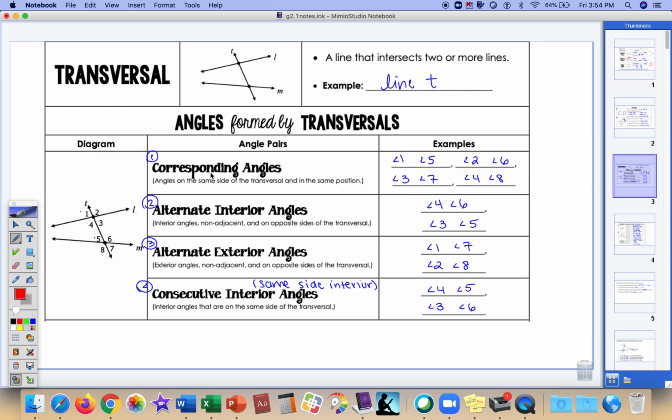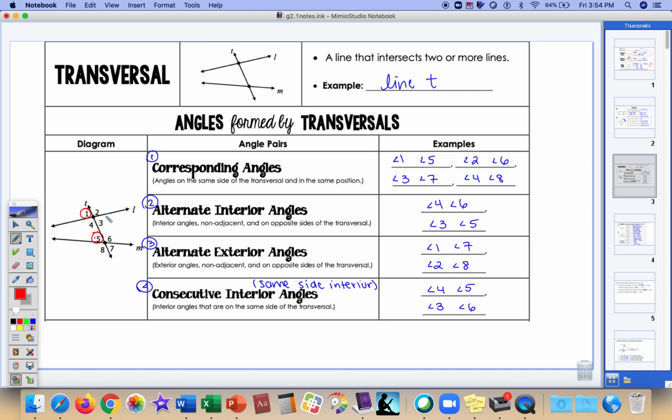So one is called corresponding angles: angles on the same side of the transversal and in the same position. If we look here to find corresponding angles, we could see that 1 and 5 are corresponding because they're both on the left side of the transversal and they're above the lines.